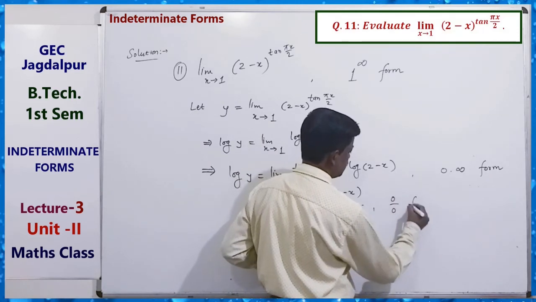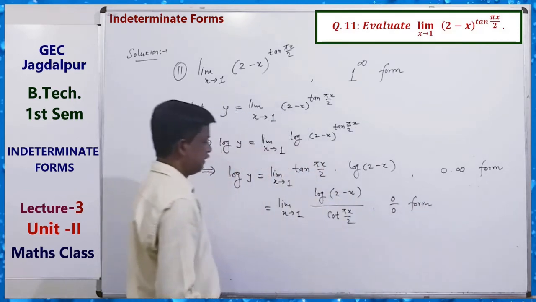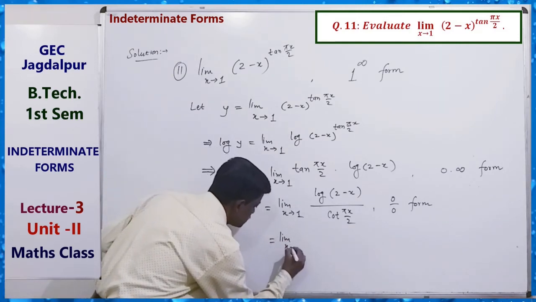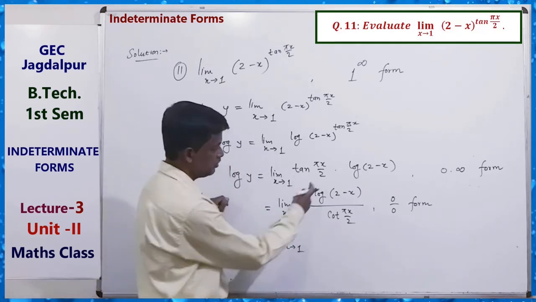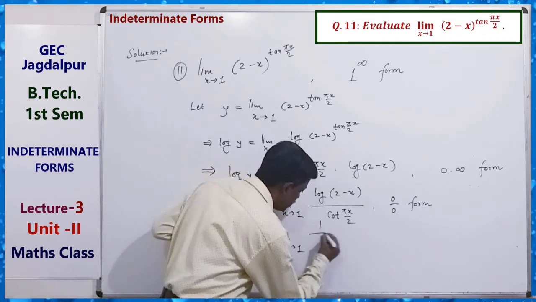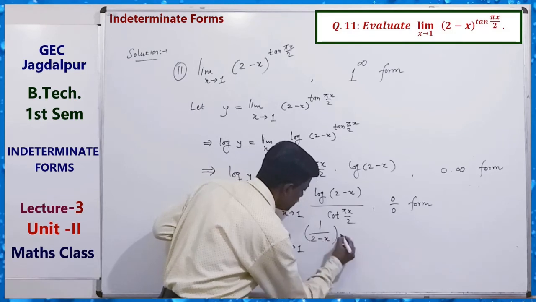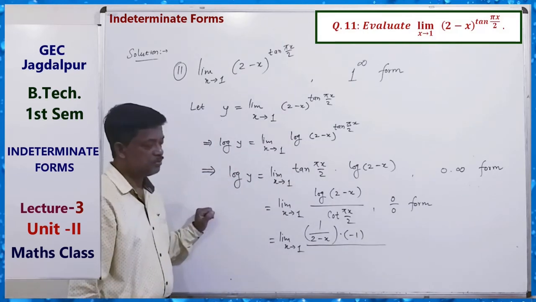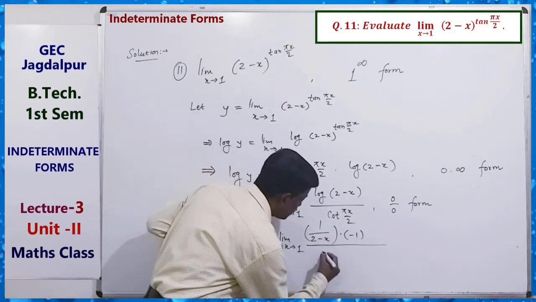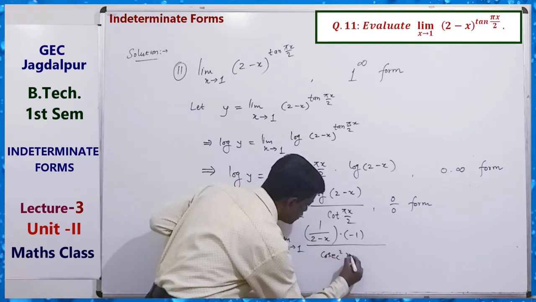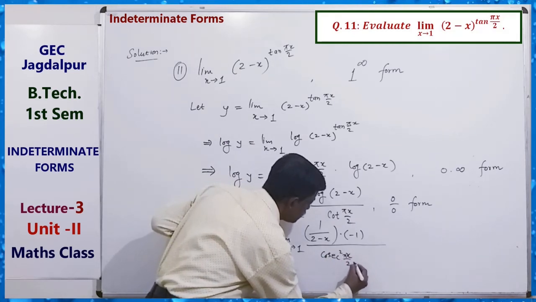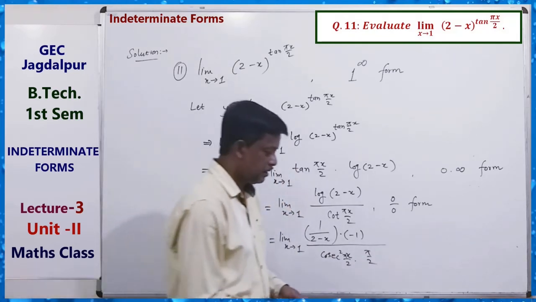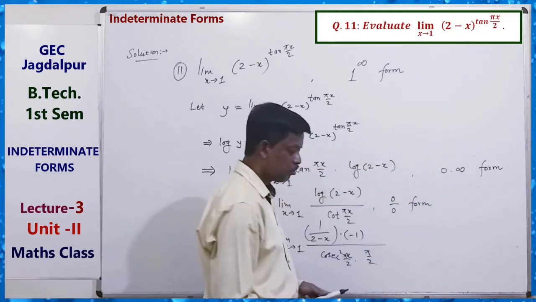Just we can convert 0 by 0 form direct. Now apply L'Hospital rule. So limit x tending to 1, so log (2 minus x), 1 upon (2 minus x) into minus 1. This is the differentiation of numerator, and denominator differentiation is, what? Minus cosec square (pi x by 2) into pi by 2.